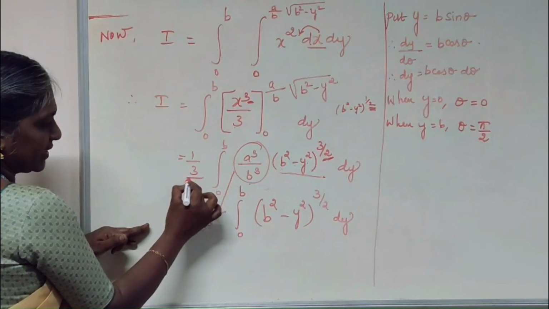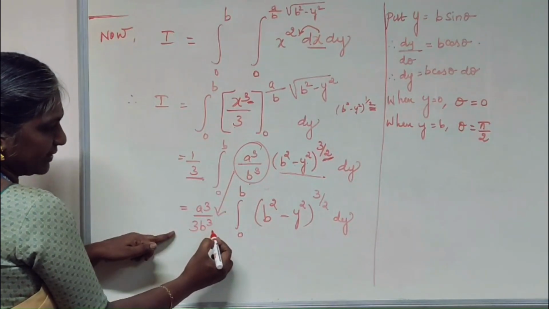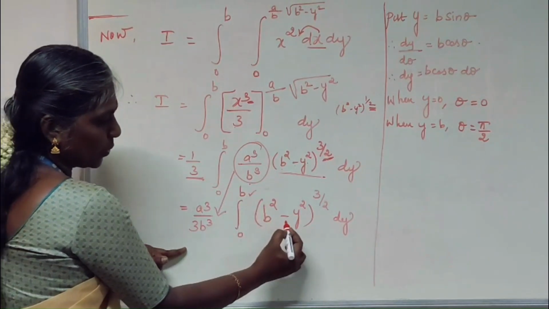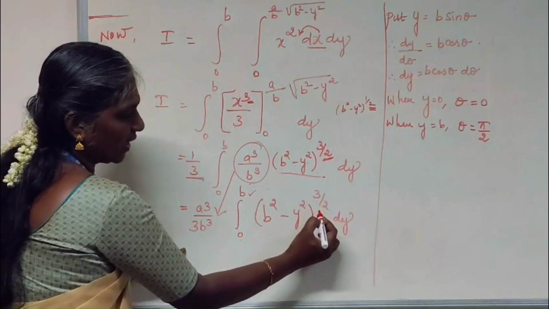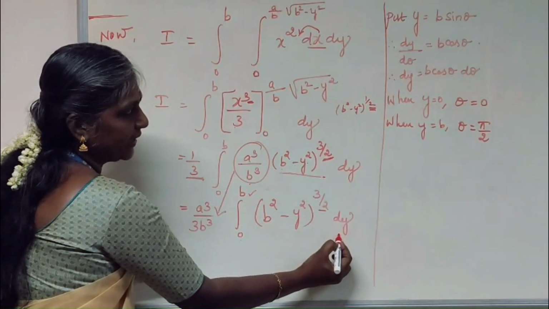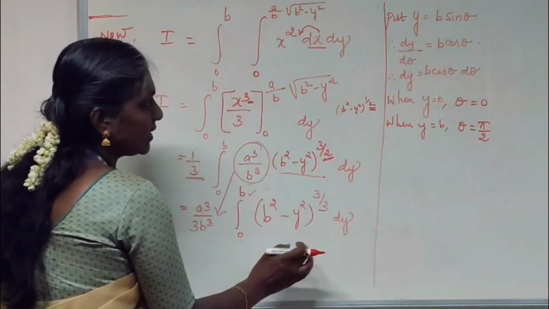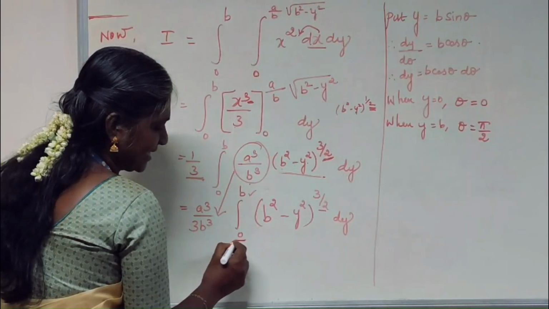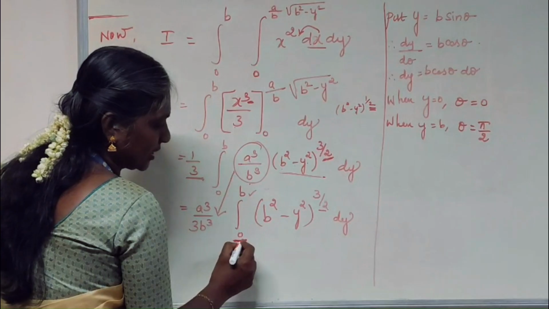So already 1 by 3 is there. So a cube by 3b cube, integral over 0 to b, (b squared minus y squared) the whole power 3 by 2 into dy. Now we need one substitution for the evaluation of this integration.